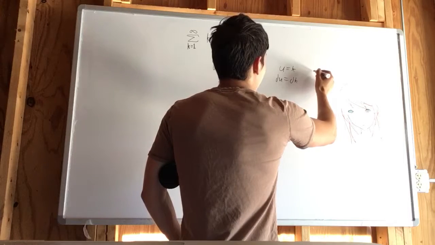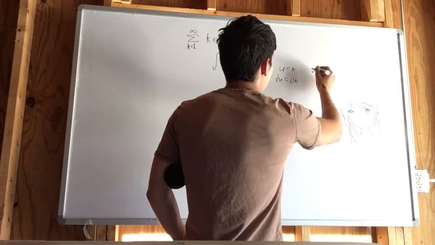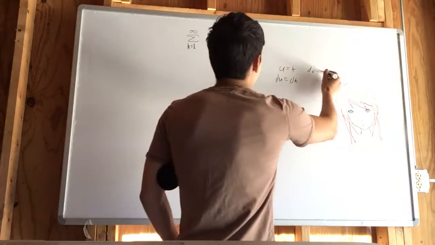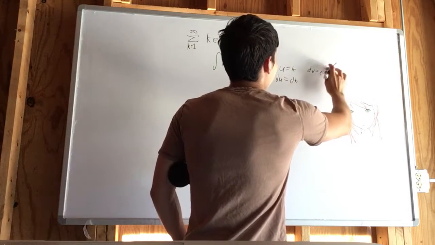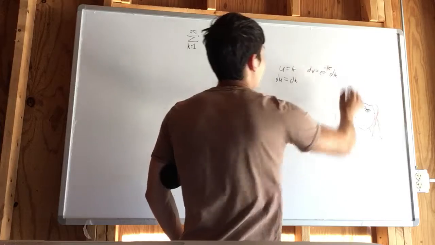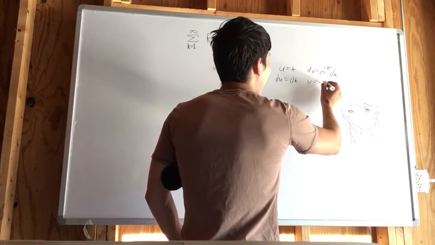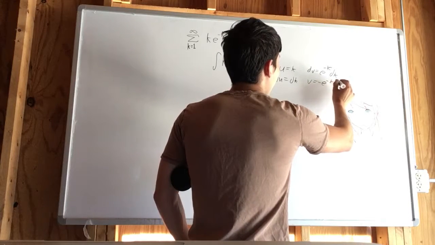And then dv is the rest of this, e to the negative k dk. So v would equal negative e to the negative k.